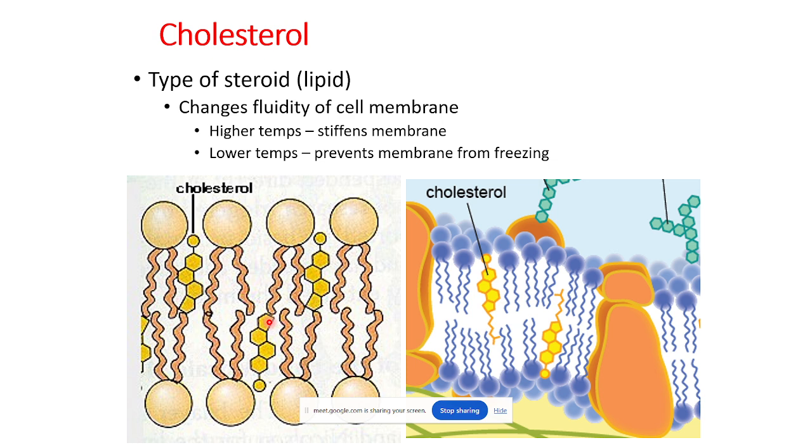These steroid lipids change the fluidity of the cell membrane. At higher temperature the membrane stiffens, whereas at lower temperatures cholesterol prevents the membrane from freezing. So it has a very vital role to play.